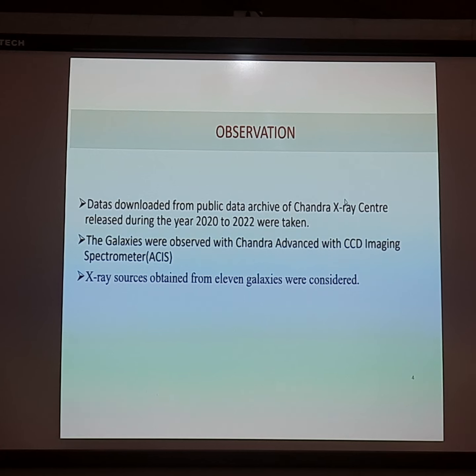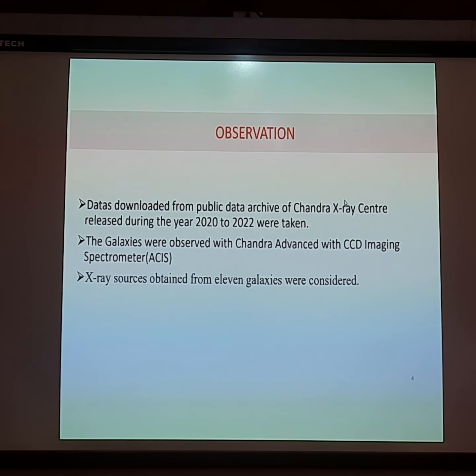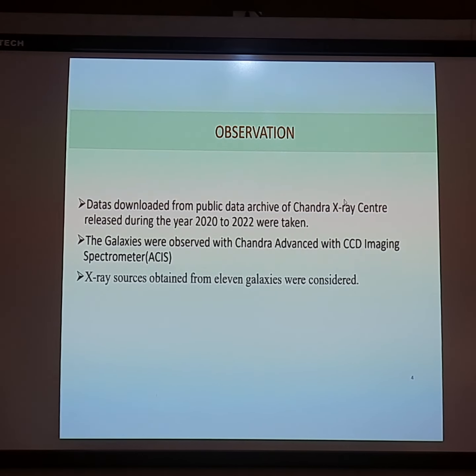For my observation, I have downloaded the data that were available in the public data archive of the Chandra X-ray Center from the year 2020 to 2022. The galaxies that are considered were observed with ACIS, and the X-ray sources were detected from 11 galaxies.